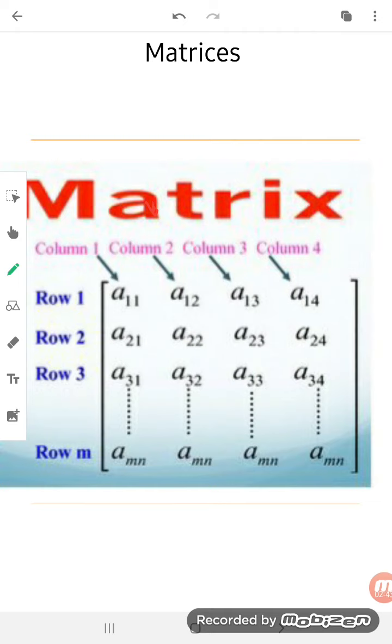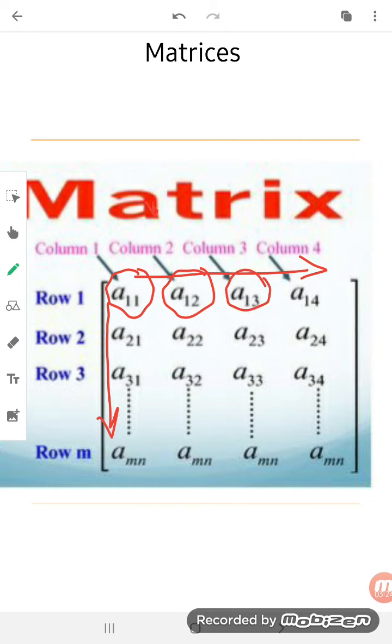Rows and columns. Here, this element E11 means this element lies on the first row and the first column. The second one, E12, means this element lies on the first row and the second column.